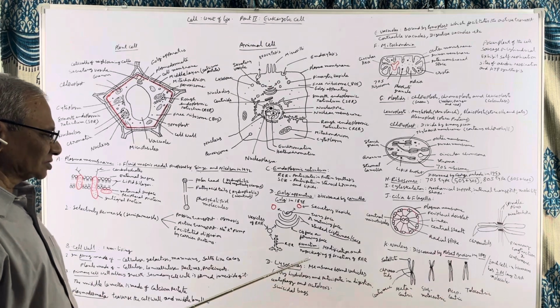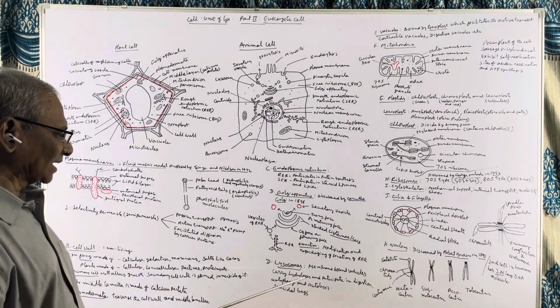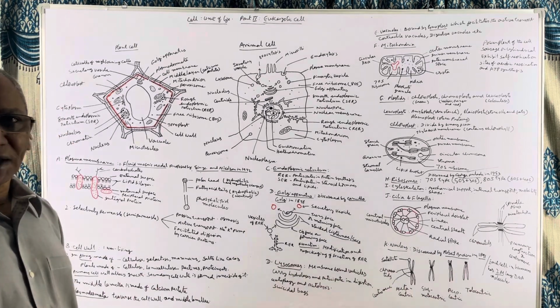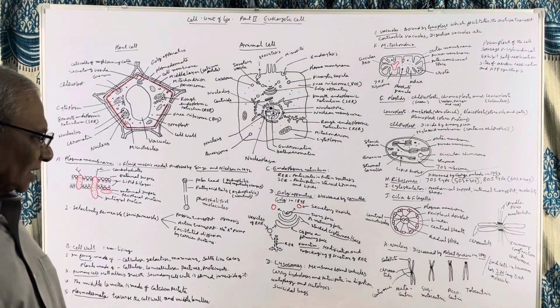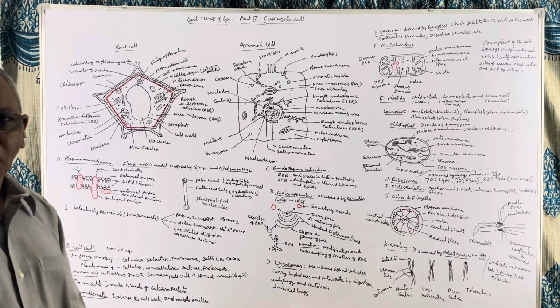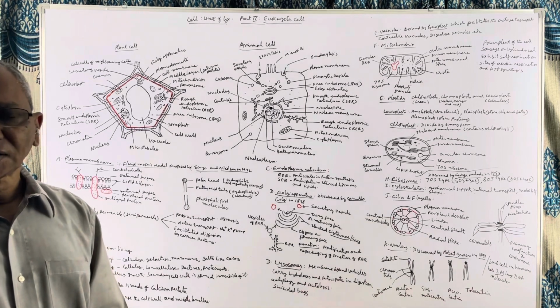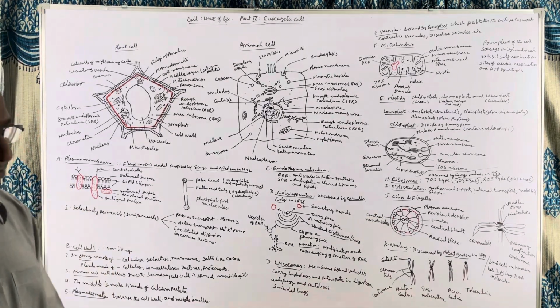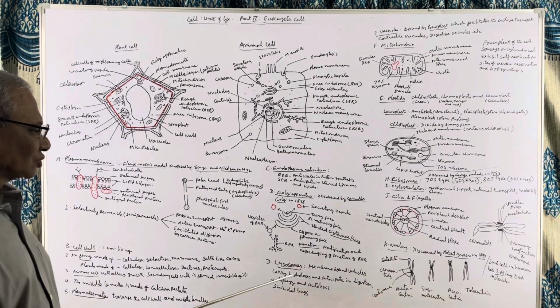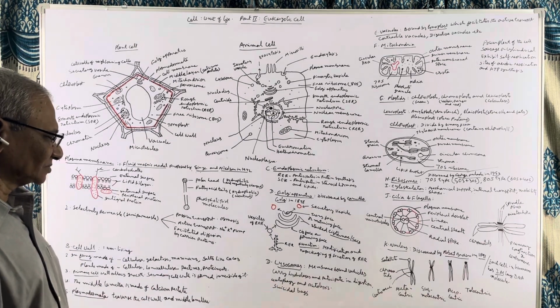The lysosomes are also membrane-bound vesicles, and they carry enzymes known as hydrolases. These hydrolases are acidic in nature, and they participate in the digestion of lipids, proteins, and also carbohydrates. They also participate in autophagy and autolysis.